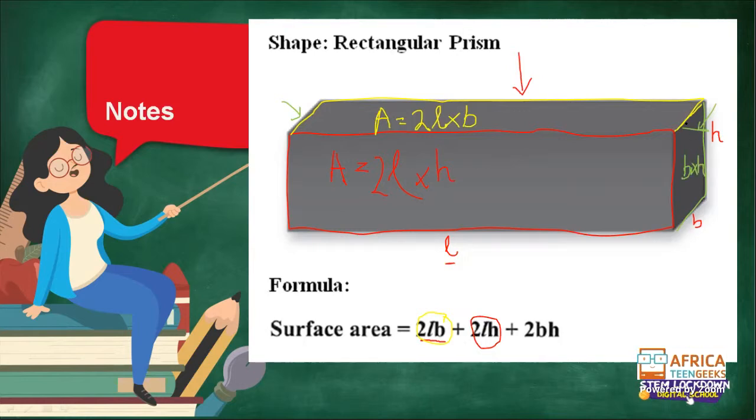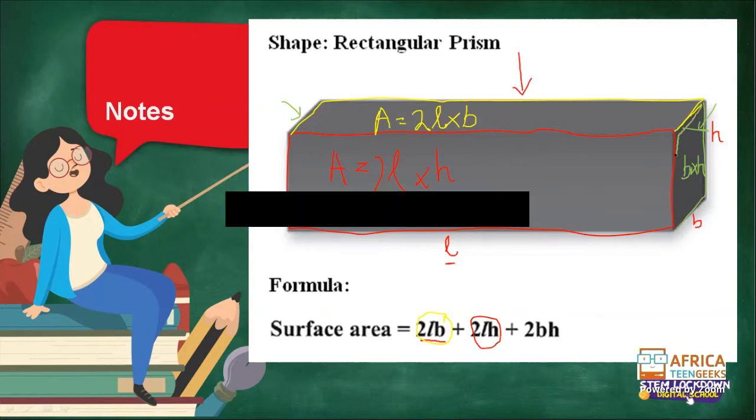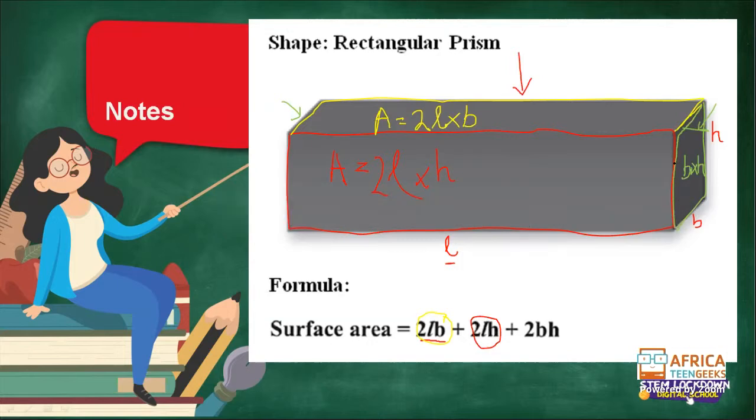That's the area of this green shape. Now, obviously there are two sides, because there's the left side and the right side. Thus, we have 2 times breadth times height. So that's how this formula came about.